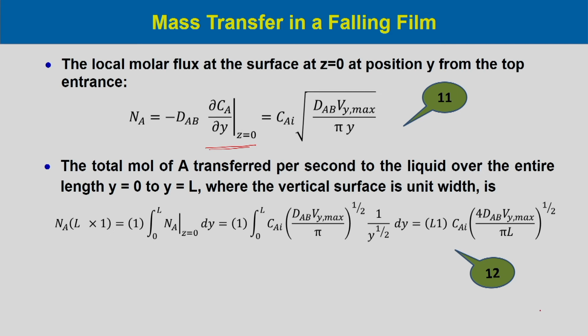So, this is equation 12, and from this if we simplify, N_A would be equal to C_AI 4 D_AB V_y max by pi L to the power half.